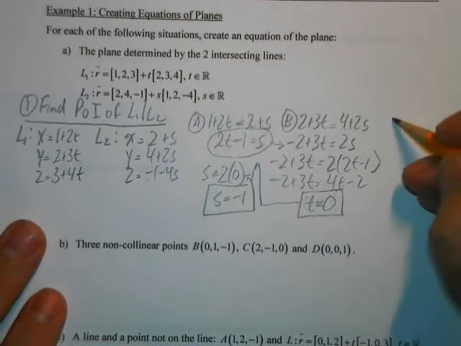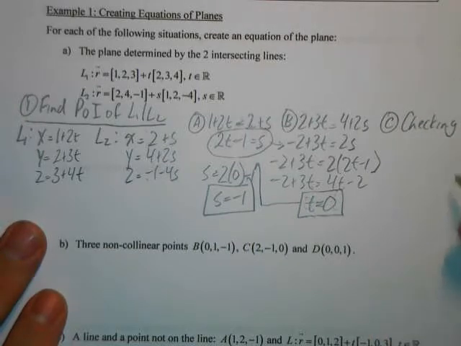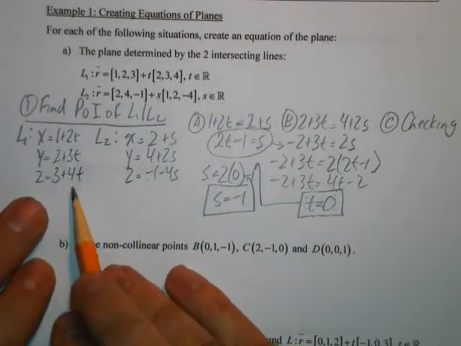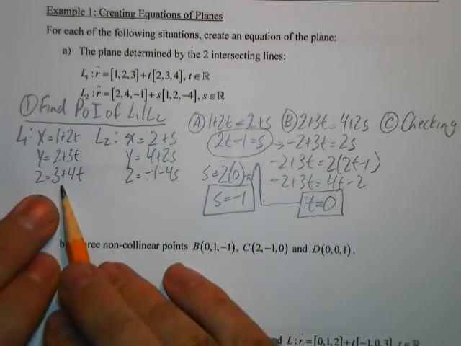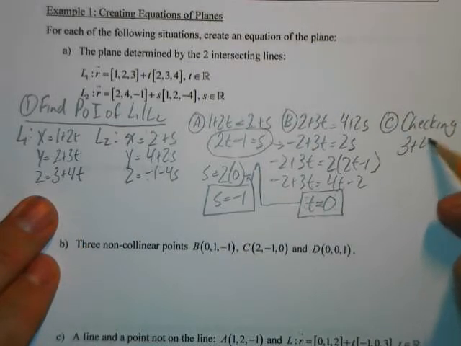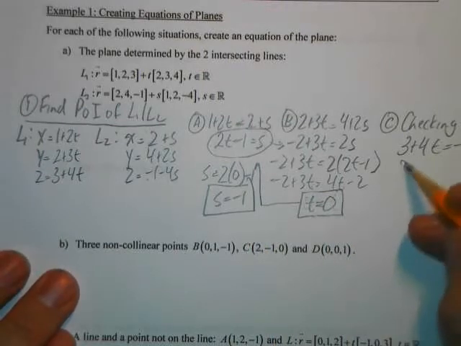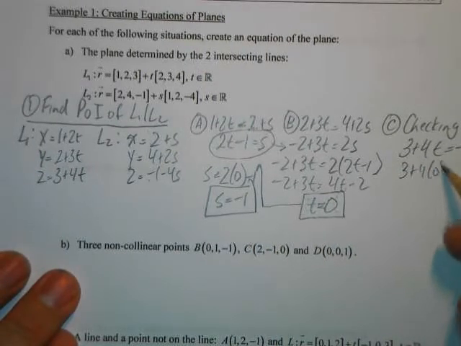And here I'm just checking for z. If I go back to these equations for the z, 3 plus 4t is equal to negative 1 minus 4s. If I plug in my t equals 0, I get 3 plus 4 times 0.